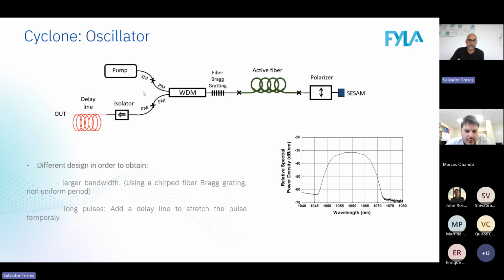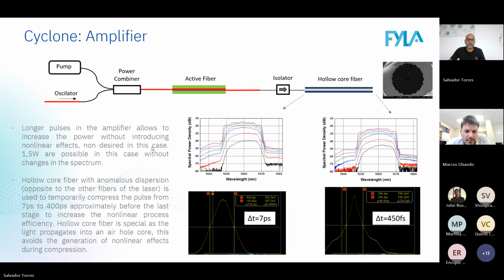In this design, a chirped fiber Bragg grating is used as a mirror to get a broad spectrum. And the output of the cavity is the 1060 nanometers channel of the wavelength division multiplexer. Then in the amplifier stage, by entering with a temporally broader pulse, we can achieve higher pulse energies without generating nonlinear effects that we don't want in this case.